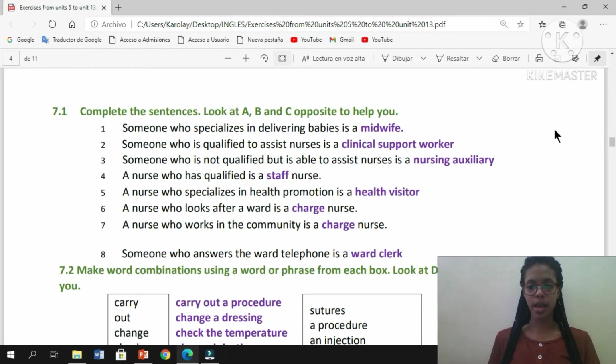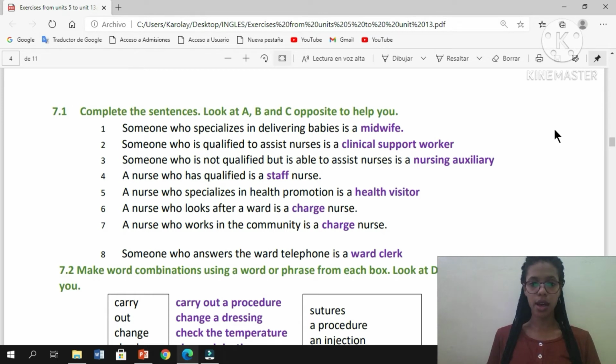Exercise Unit 7. Complete the sentence. Look at A, B, and C to help you. Someone who is a specialist in delivering babies is a midwife. Someone who is qualified to act as a clinical social worker. Someone who is not qualified but is able to act as a nurse is a nursing auxiliary.